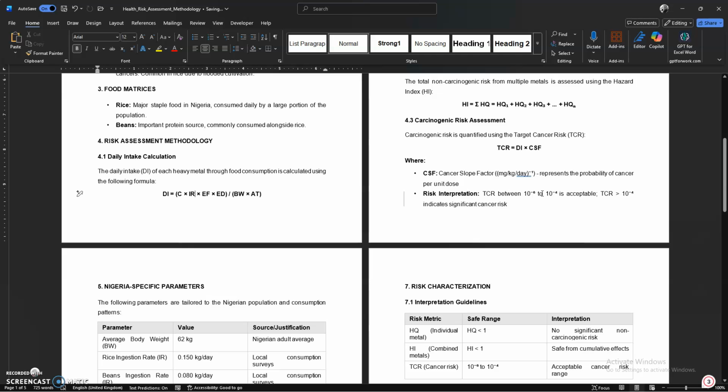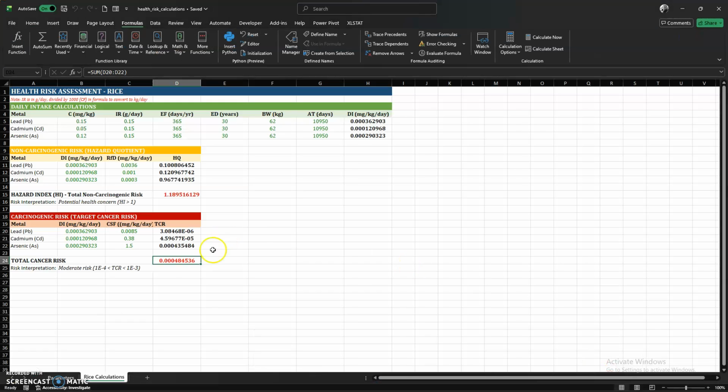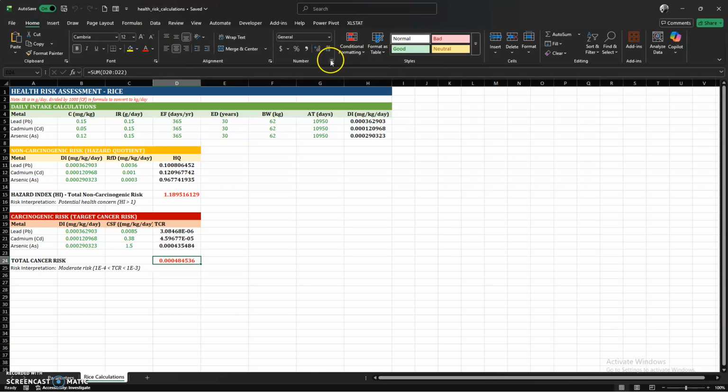It's kind of acceptable, but you should just be careful. But if it's greater than 1 exponential negative 4, that means it's no longer acceptable. So you have significant cancer risk. So we compare our value against this 1 exponential negative 4 and see what we obtain. We see that this is actually greater than 1 exponential negative 4.